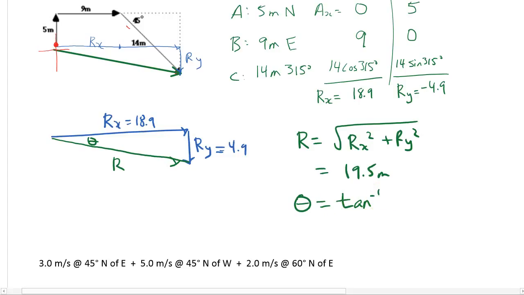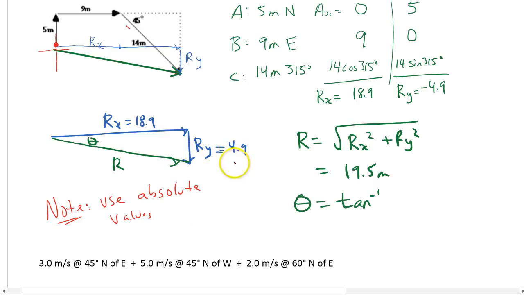And I'm going to write a note here. Note, use absolute values. What do I mean by that? I mean, when you plug it in, think of this triangle. Notice when I said I don't have to say minus 4.9 because it was going downwards. That's what I mean by absolute values.